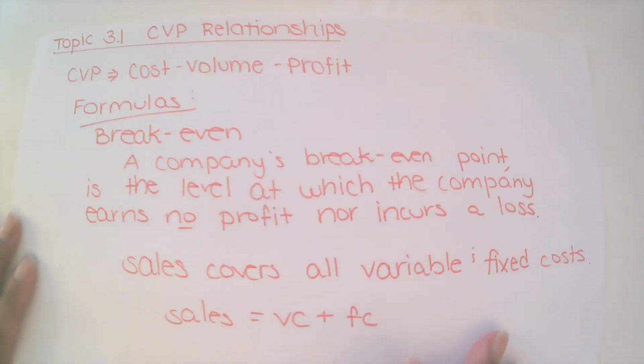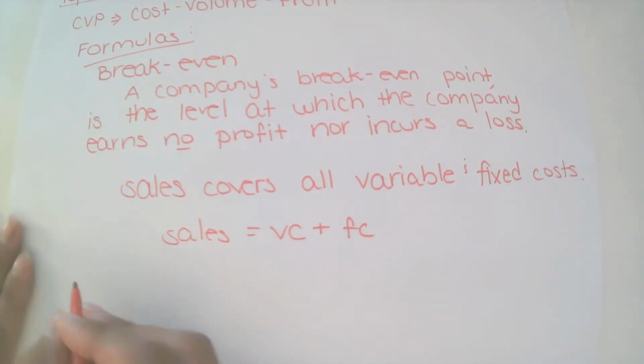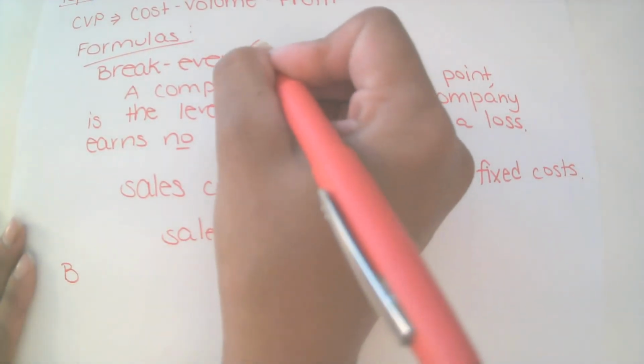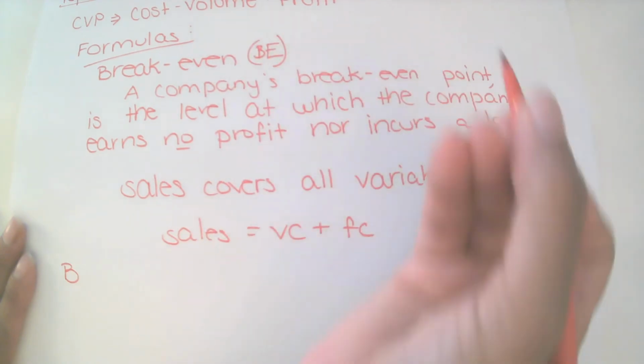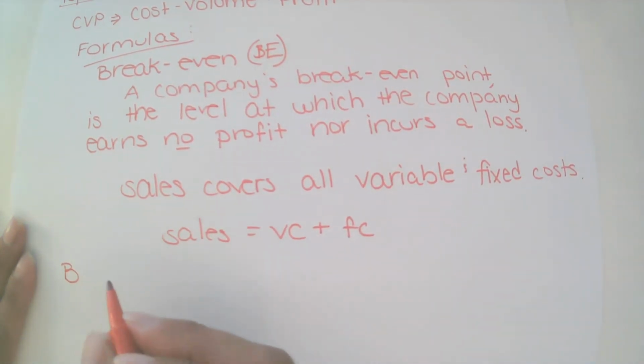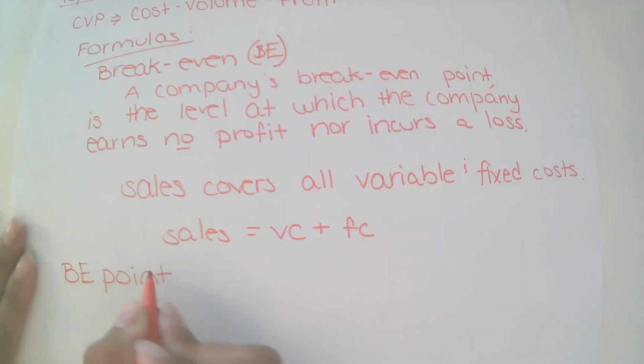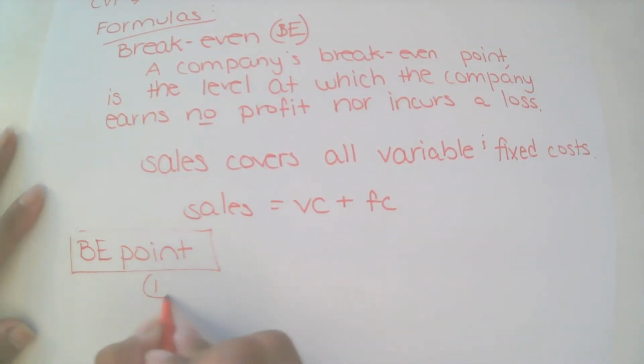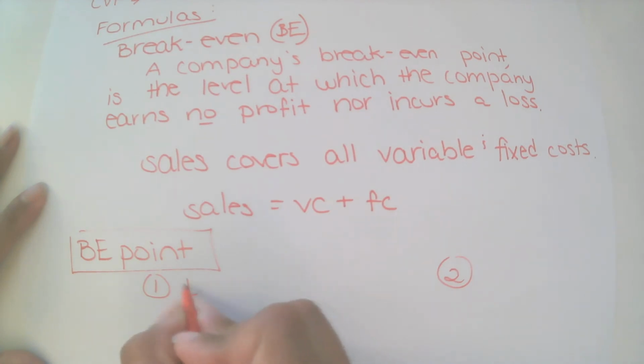So they want to know at what level must I be operating to break even and operate in excess of that. There's two ways that we can calculate a company's break-even point. So I'm going to abbreviate. BE is how I'll abbreviate break-even point. So BE points can be expressed one of two ways. We can either calculate it for managers in units.